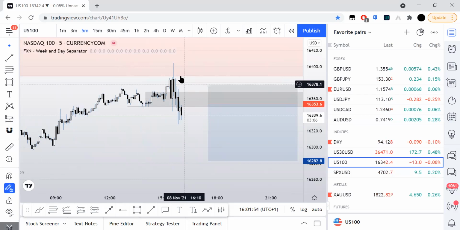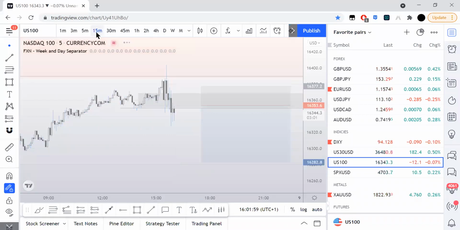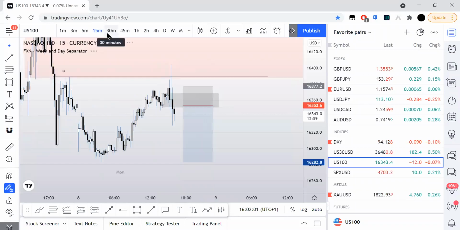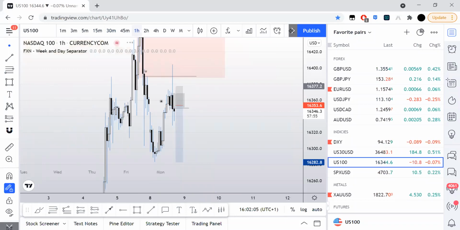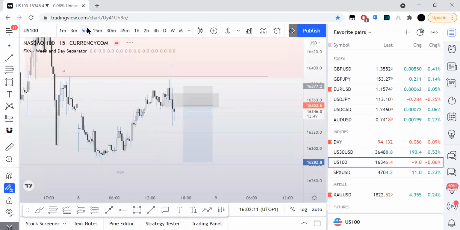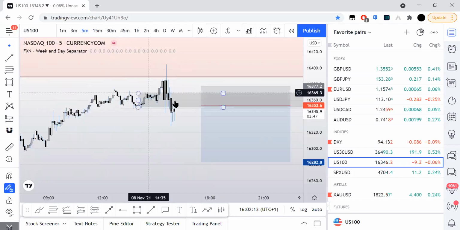I know my stops will be super safe up here, but I don't want no one to two risk reward like that. We should respect this hourly order block. Let's see. It's so messy.